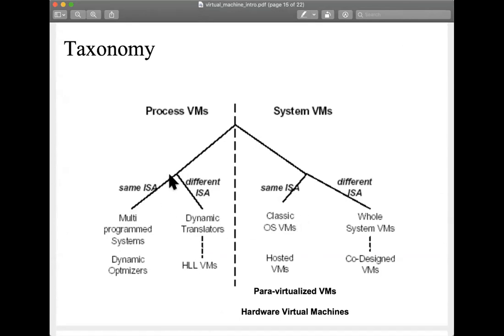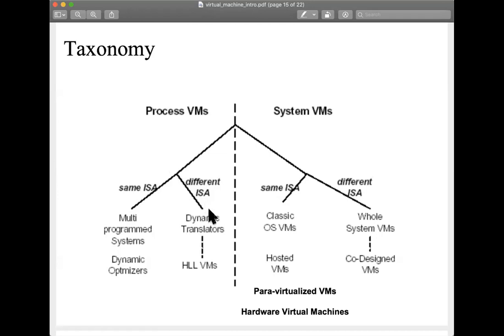So if you look at the same ISA process VMs, within that you have regular multi-program systems, processes, and then things like dynamic binary optimizers, where the source ISA and target ISA are the same, but you're doing some optimizations like finding memory leaks or running the programs faster and so forth. And there are different ISA process VMs.